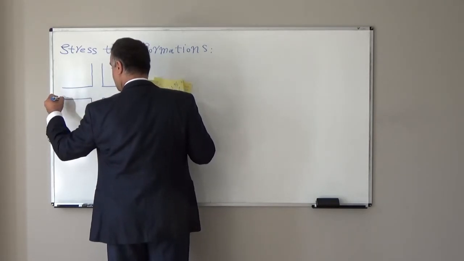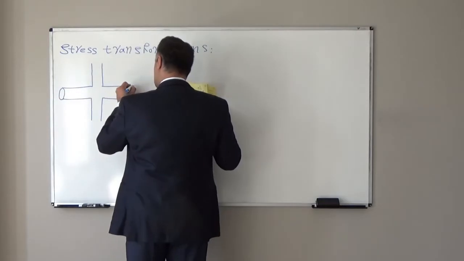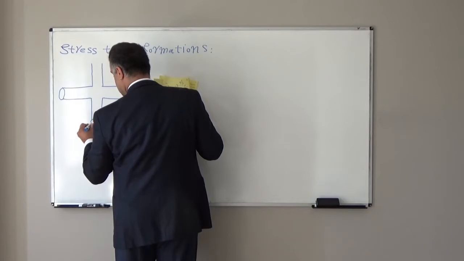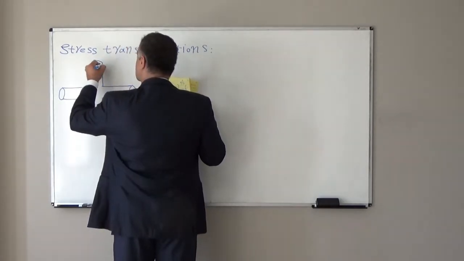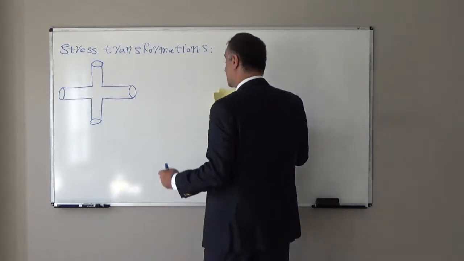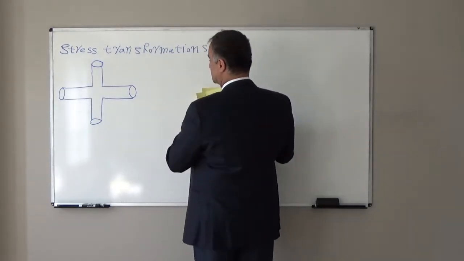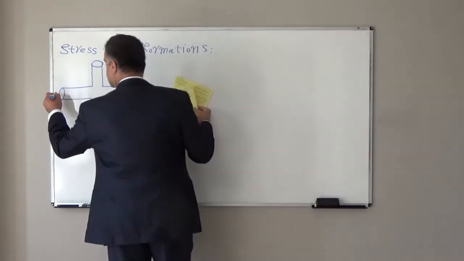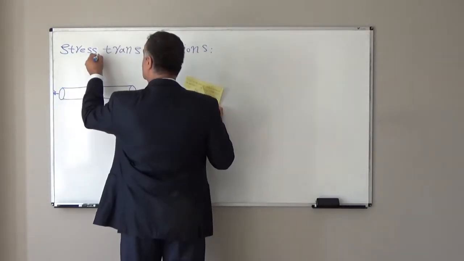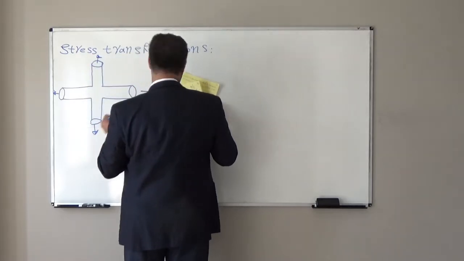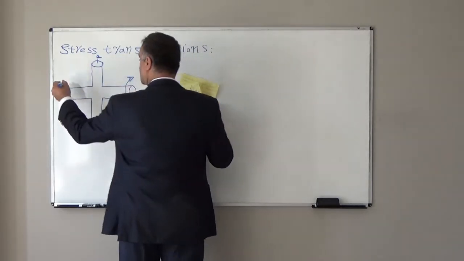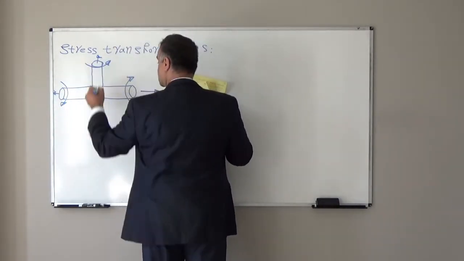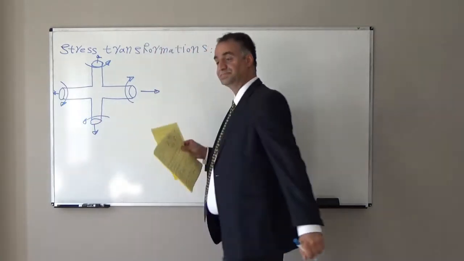The cross-sectional area for this part is circular or cylindrical, and this part is subjected to tension force in this direction, tension force in this direction, and torque in this direction, and another torque in this direction.